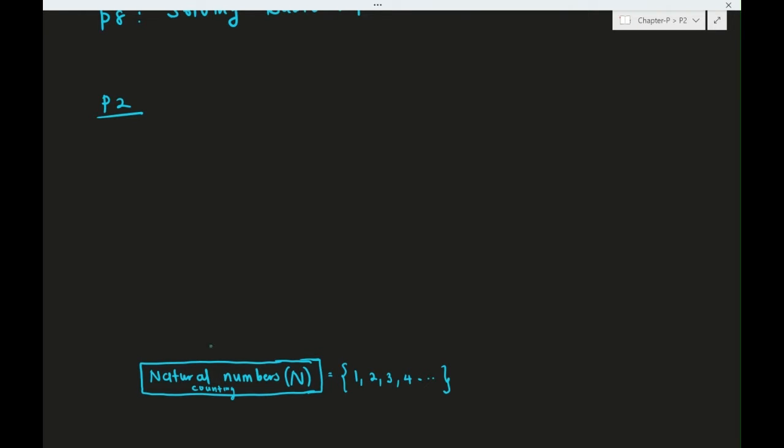Then the next one that we can get in addition here is what we call the whole numbers. Now I'll tell you a reason why I'm starting from below. We're going somewhere.